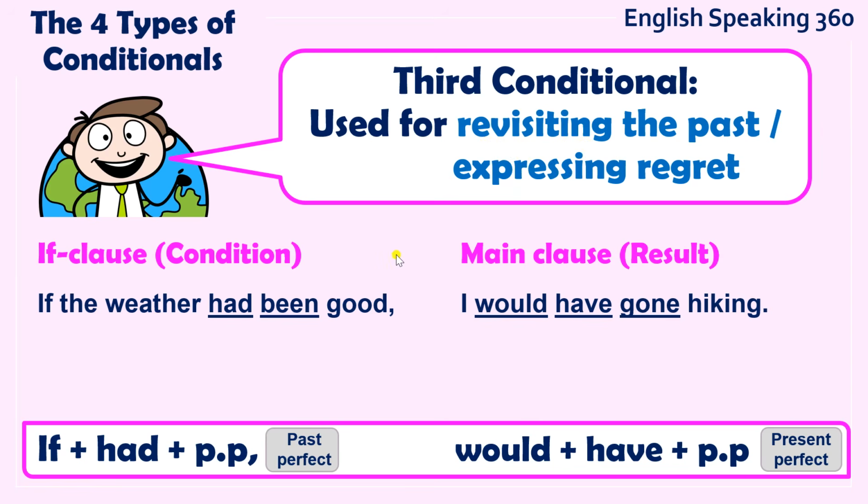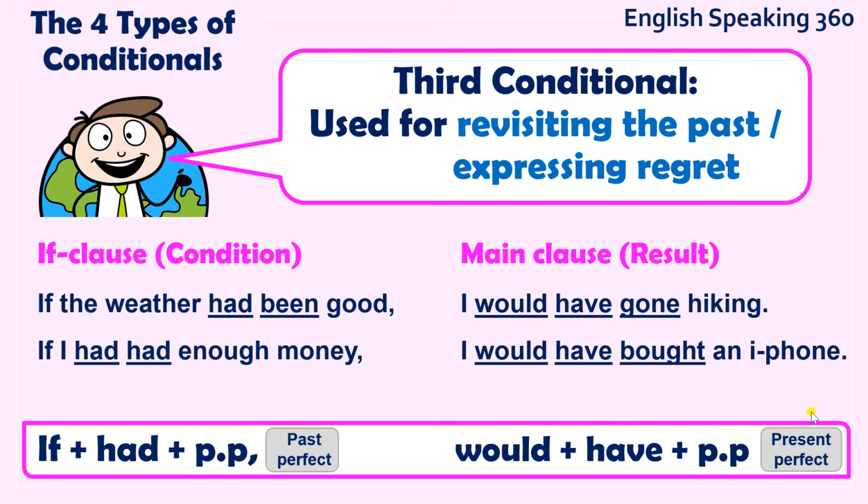We are going back in time and we are changing the past. If the weather had been good, but the weather wasn't good, I would have gone hiking. So if plus had plus PP, the PP is the past participle. Had plus PP is the past perfect verb tense. In the result clause, we use would plus have plus PP. Have plus PP is the present perfect verb tense.